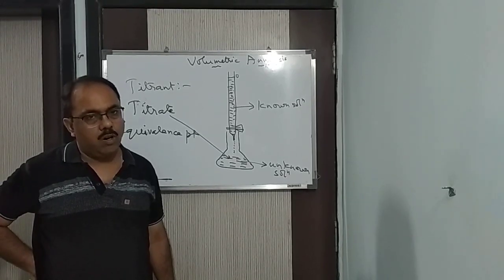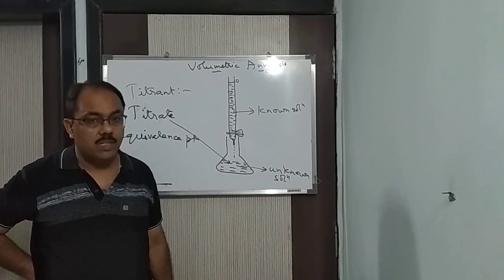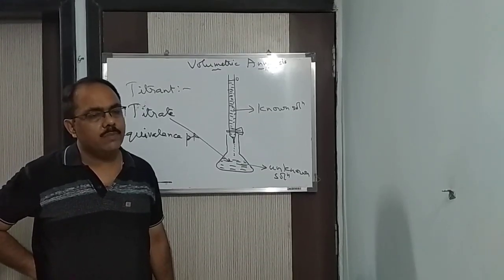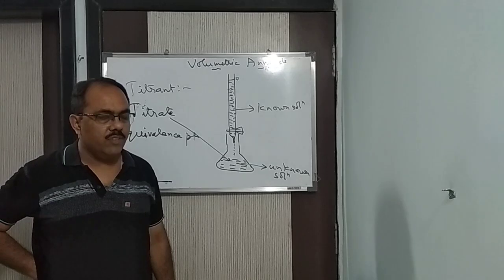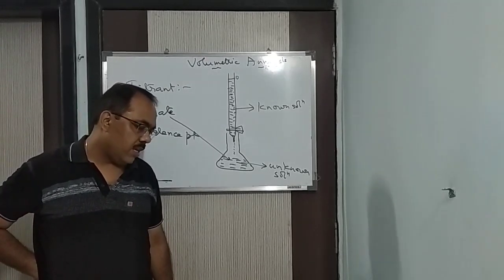Equivalence point, end point or stoichiometric point indicates when the reaction gets completed. It indicates when an acid is completely neutralized by a base, when the titration gets completed. In this way that is said to be the end point.